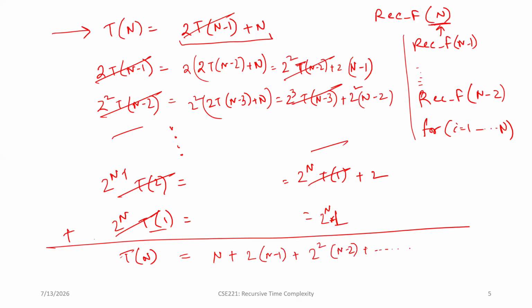So coming down to the n minus 1 multiplied by 2. That's the actual time complexity of this function.